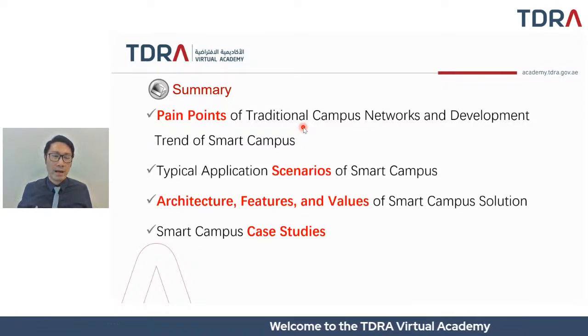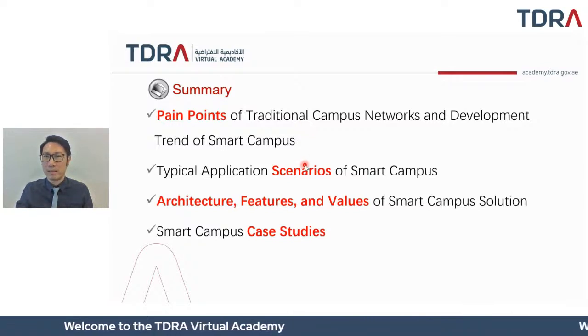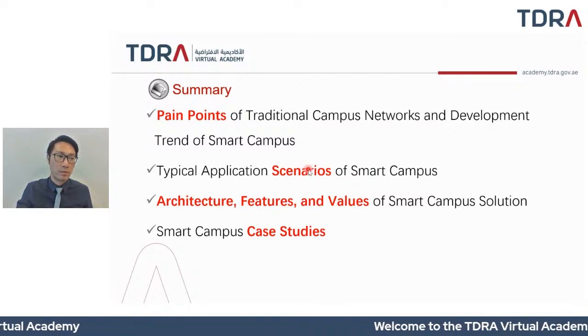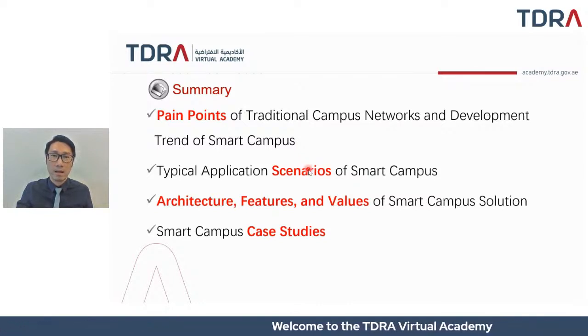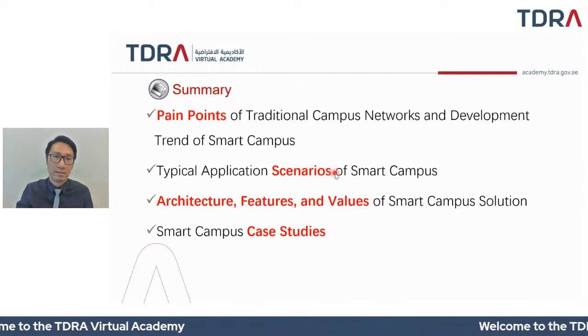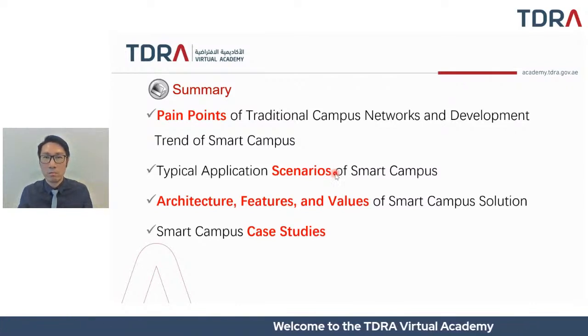We also introduced the application scenarios for the smart campus, to improve security and to improve the process for fire extinguishing. This improves the safety of the residents in the campus. It's very important because we never know.